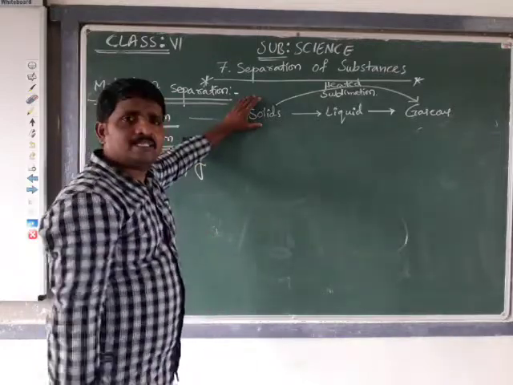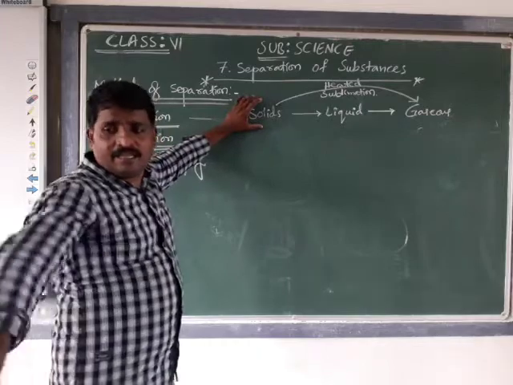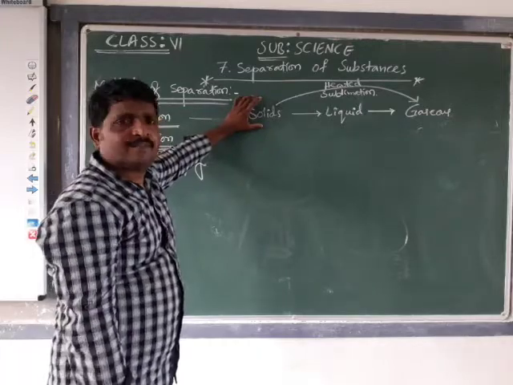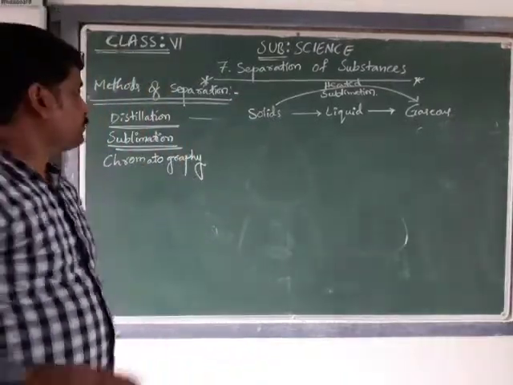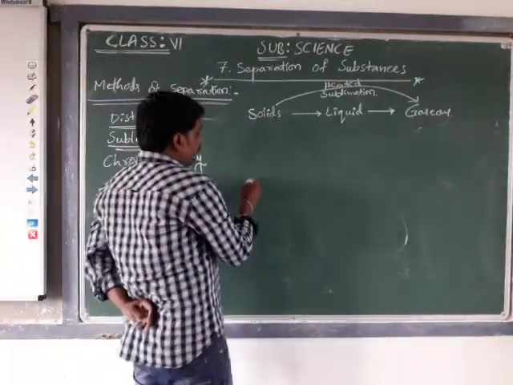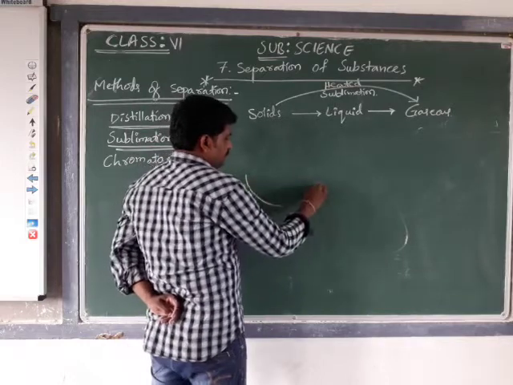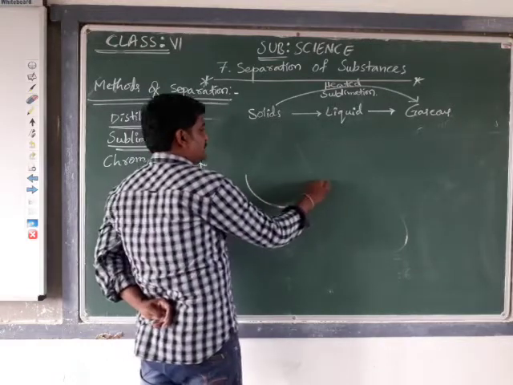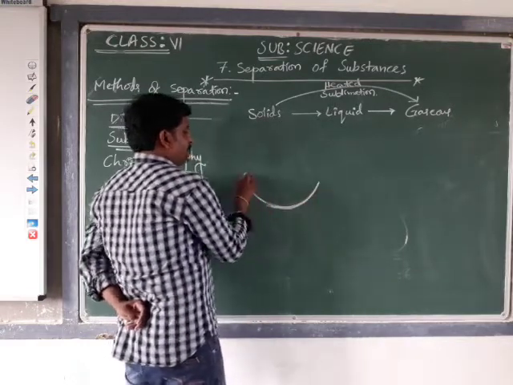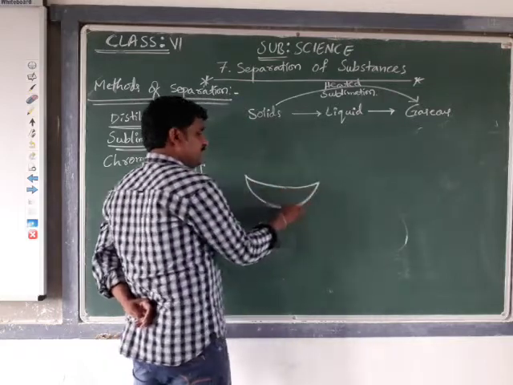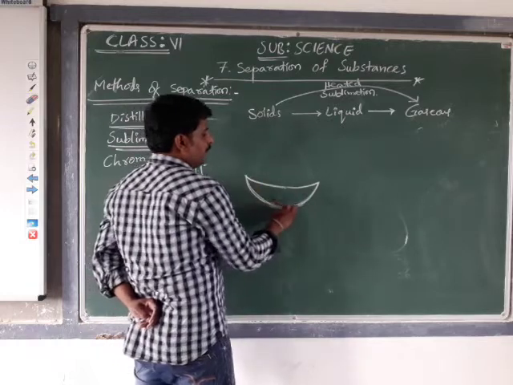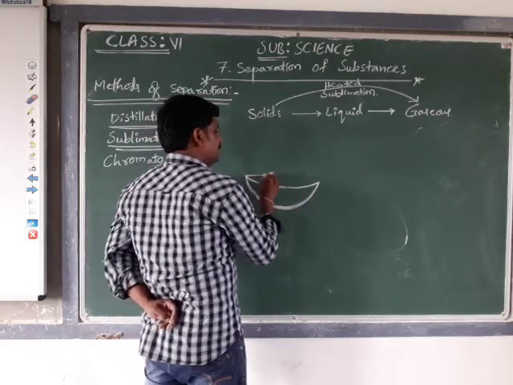By understanding this concept, we will conduct an activity to understand the process of sublimation better. To do this, we have to take a china dish, a dish which can be used to handle some substances.